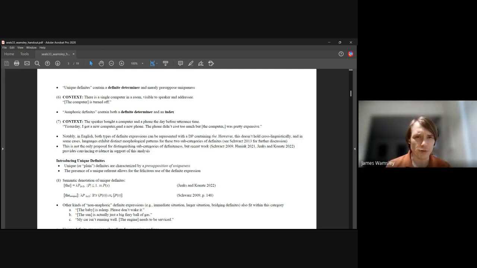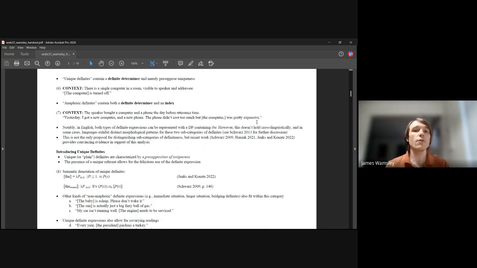And I use the subscript C here to show that these are co-indexed, meaning that they're referring to the same discourse entity. And it is because computer was previously mentioned in the discourse that the expression the computer can be felicitously used. Now, what complicates this is that in English, both of these definite expressions are the computer.